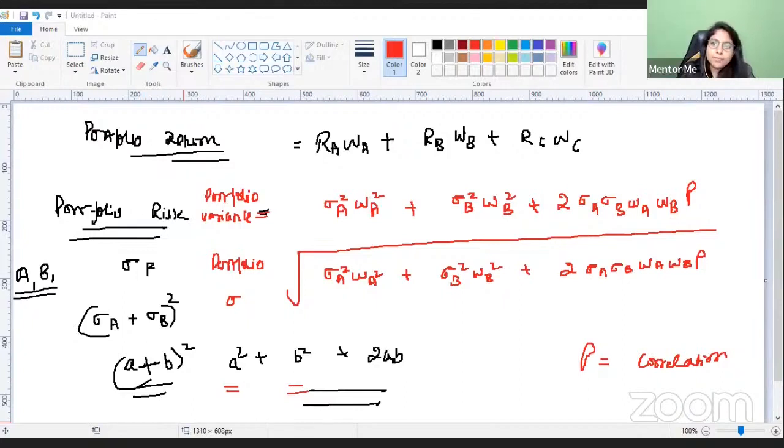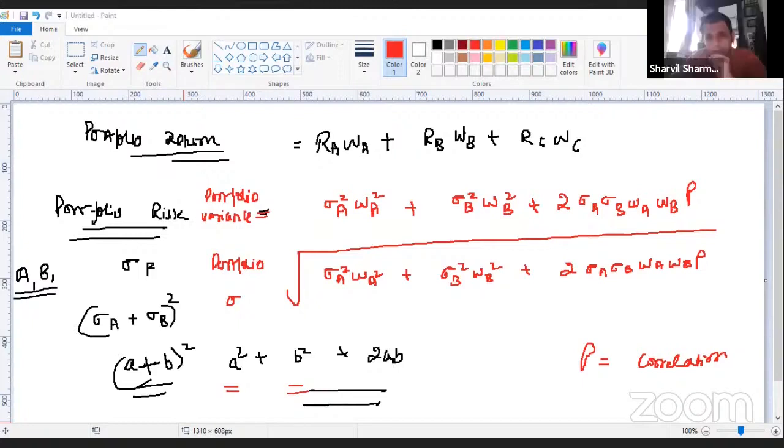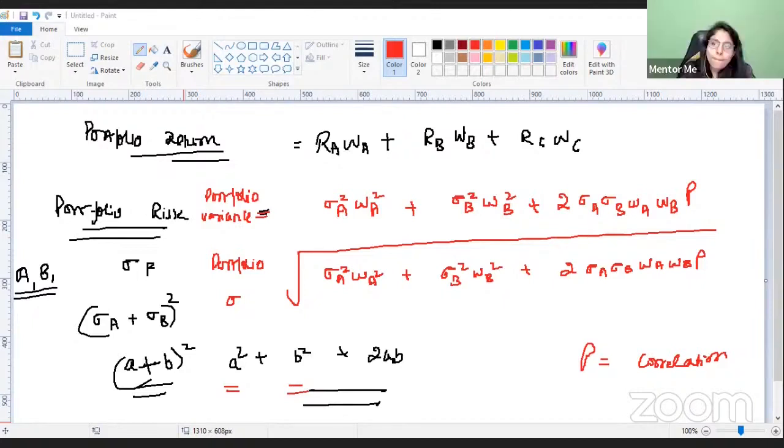I downloaded the CFA ones from a website last year, and it went over my head. I couldn't understand it. Then I thought, why not order from Mahakali bookstore? Yes, you can order Schweser books from Mahakali bookstore. Schweser books are quite helpful. Schweser notes, let me show it to you. Basically, these are Schweser books.